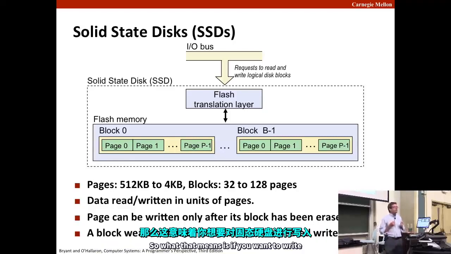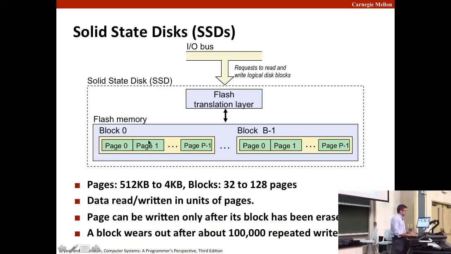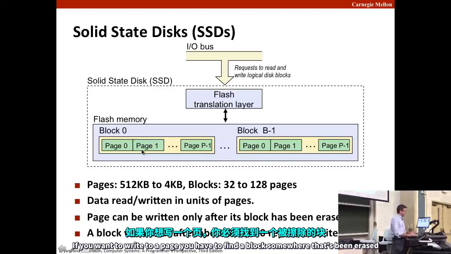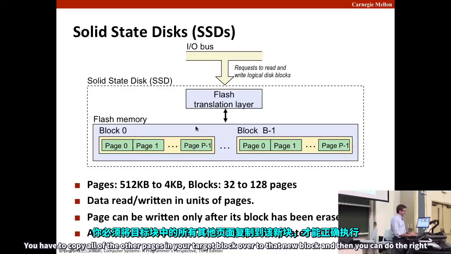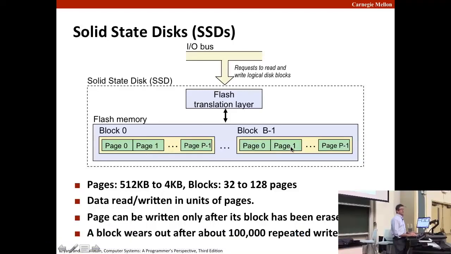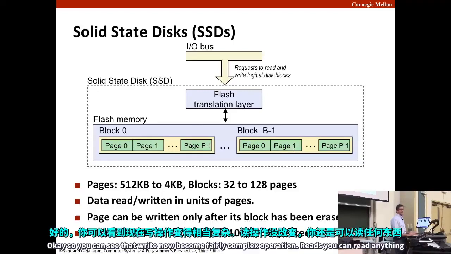So what that means is if you want to write to a page, you have to find a block somewhere that's been erased. You have to copy all of the other pages in your target block over to that new block, and then you can do the write. Okay, so you can see that writes now become a fairly complex operation.